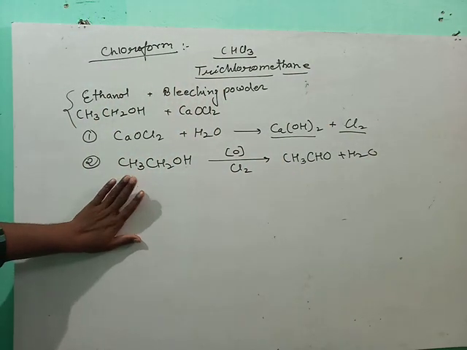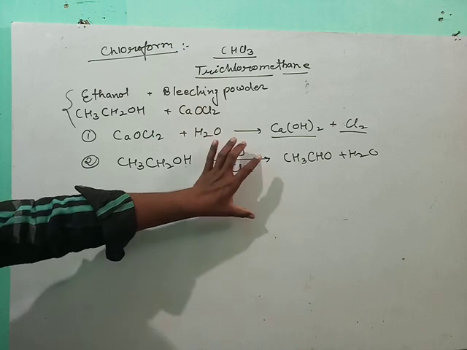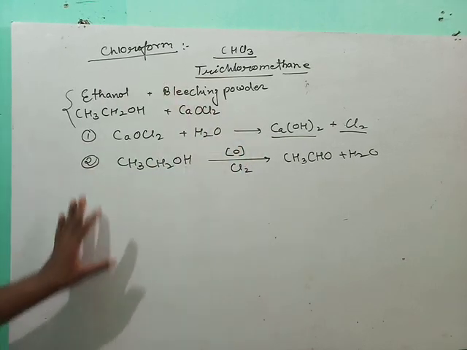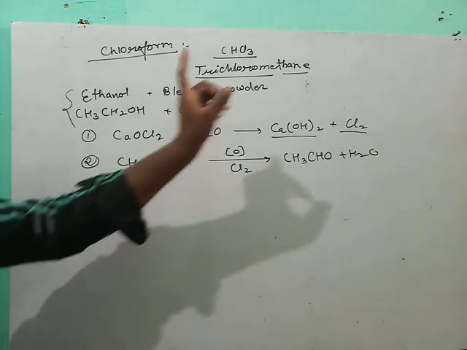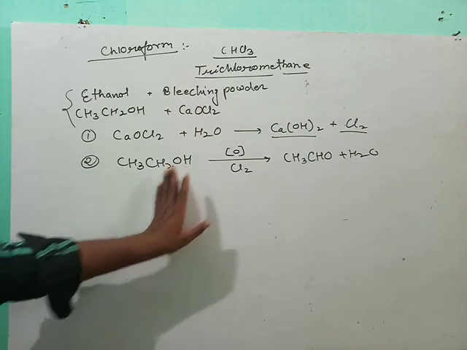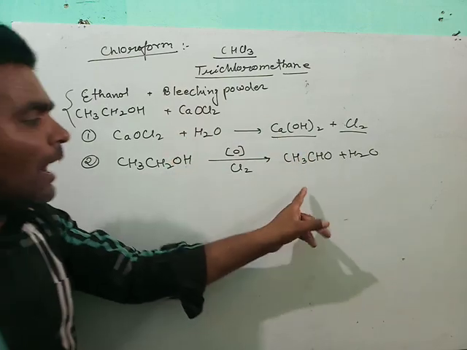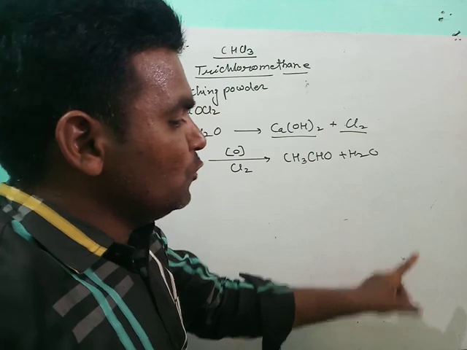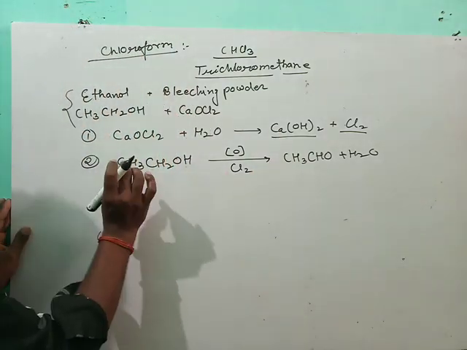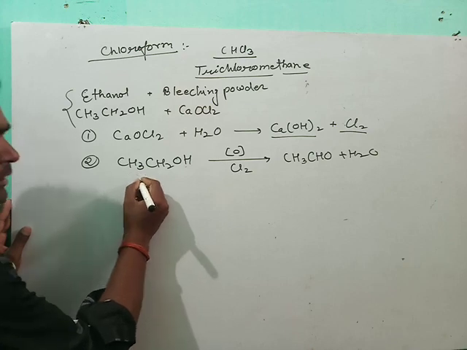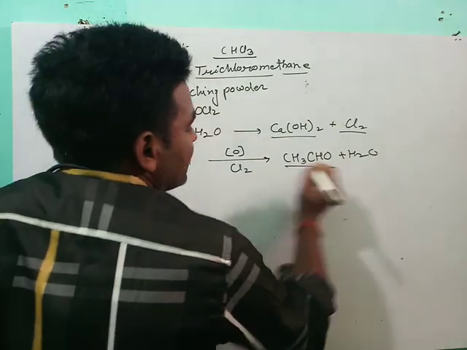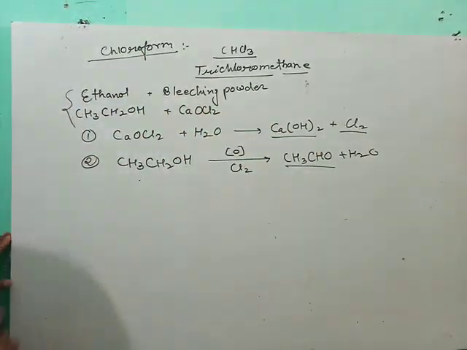We know that when any alcohol is oxidized, it is converted into aldehyde, and aldehyde after oxidation is converted into carboxylic acid. But here we oxidize the ethanol in the presence of chlorine. It is converted into acetaldehyde, CH3CHO.